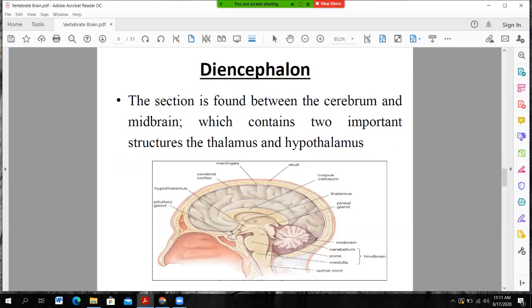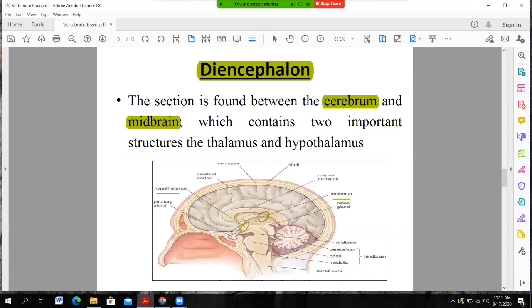Another important section is the diencephalon. This section is found between the cerebrum and the midbrain. The diencephalon consists of two important structures. One is the thalamus, the second one is the hypothalamus. This is the thalamus, and this one is the hypothalamus.